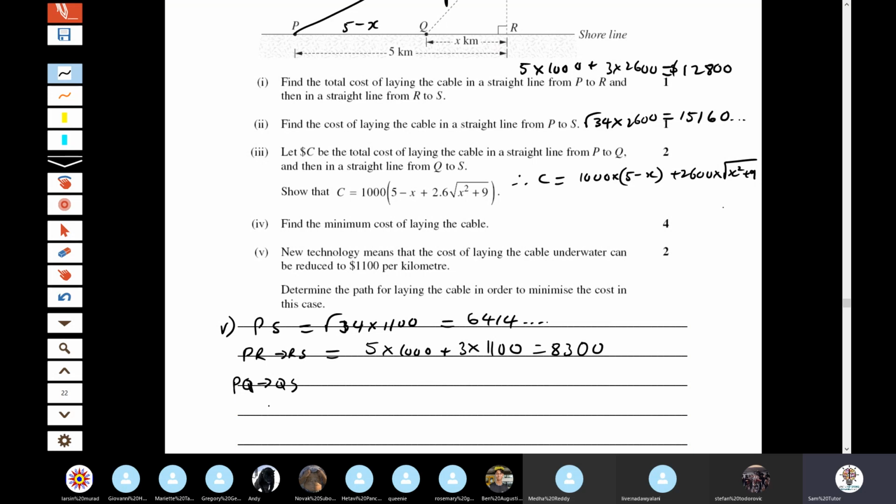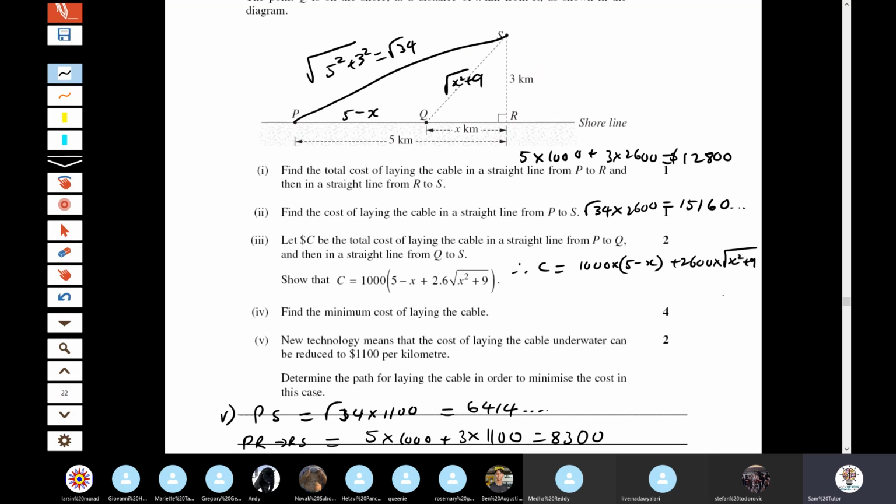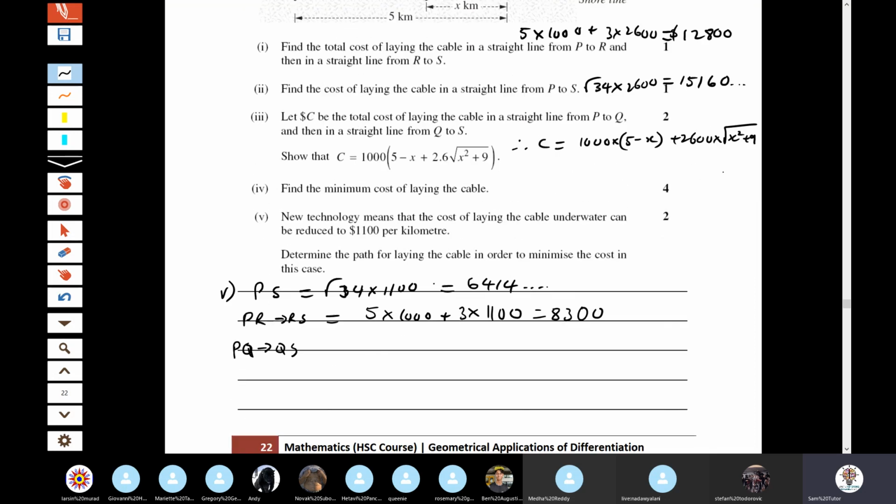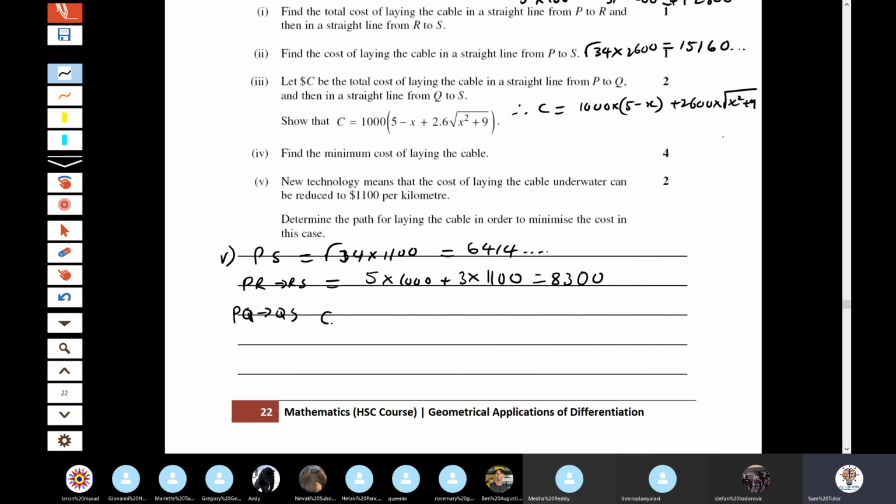Ready? P to Q doesn't change. Q to S doesn't change. It's just that instead of it being 2.6, it's 1.1. See? It's not that bad. So the cost is 5,000 minus 1,000x plus 1,100 square root of x squared plus 9.